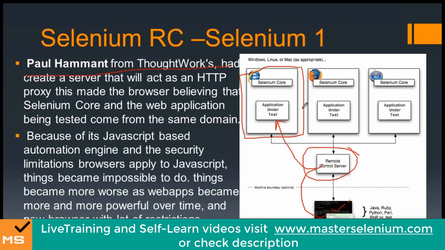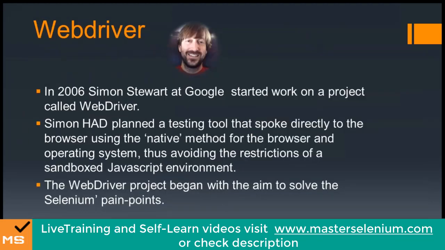But as the days progressed, a lot of applications and a lot of browsers came with a lot of security features. Due to that, Selenium RC's usage decreased. So after that, they went through research again, discussed a few things, and started developing a tool called WebDriver.